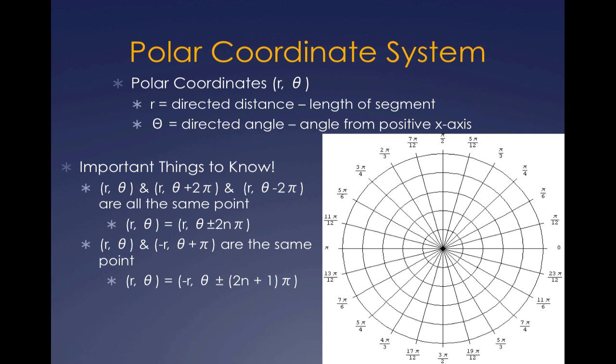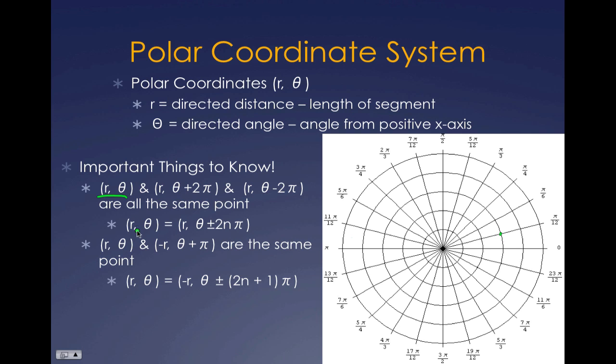So if we take the point r comma theta, and we were to add 2 pi to theta or subtract 2 pi from theta, we would end up at that same exact point. So for example, if we started at this point and went around 2 pi, which means the whole entire circle, we'd end up right back at that point. Or if we went the other direction, 2 pi. Or if we went around twice, we end up right back at that point.